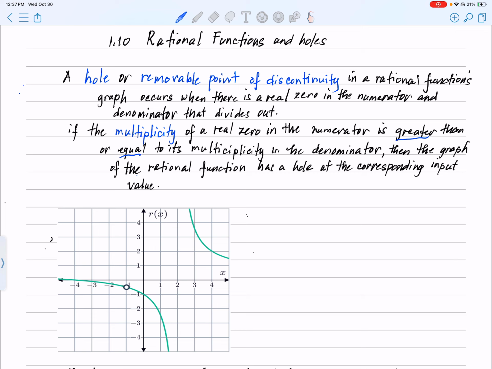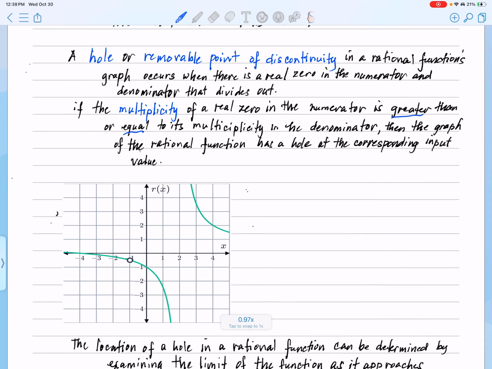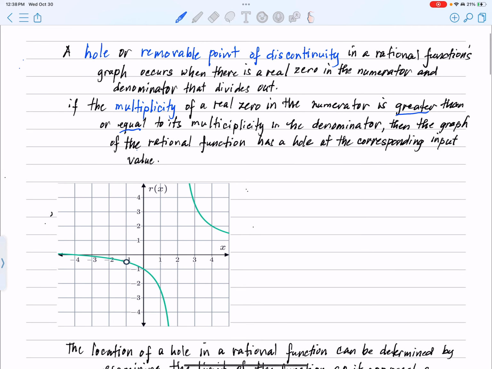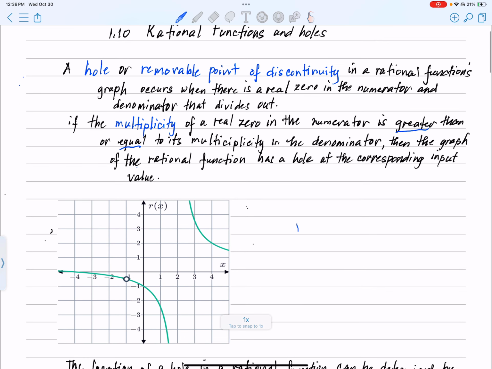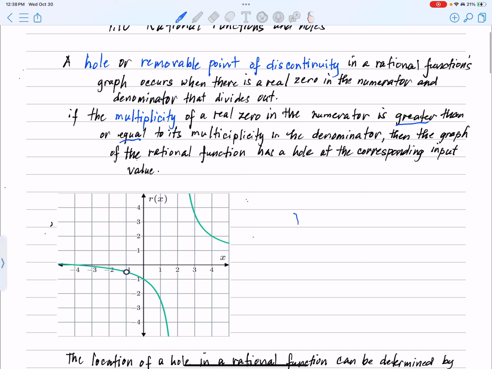Let's look at the graph. In the graph of a rational function, let's say we call this function r of x, it has a hole at x equals c.